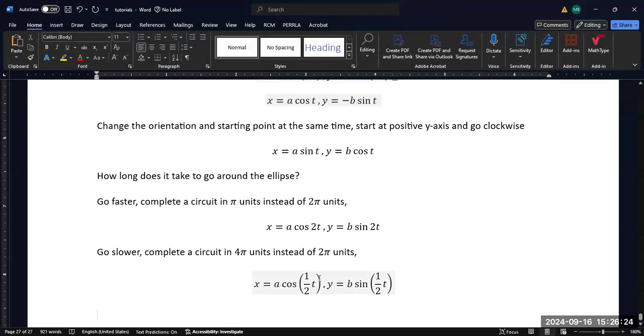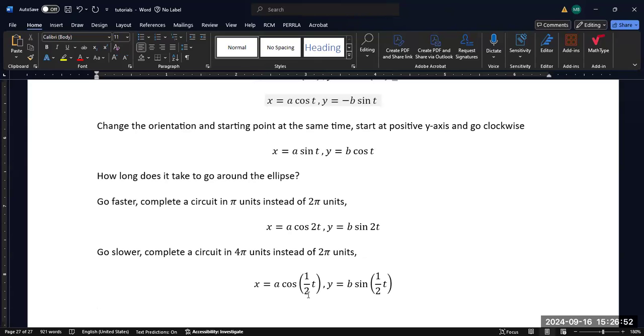So now, again, it's going to start at the same place, but when t equals pi, you're going to multiply that by 1/2, and so the angle the cosine is evaluated at will be pi over 2. So you've gone pi, but you're only evaluating it at pi over 2. So you're only a quarter of the way around the circle. It's going to take you twice as long, twice as many values of t, to get all the way around the circle.